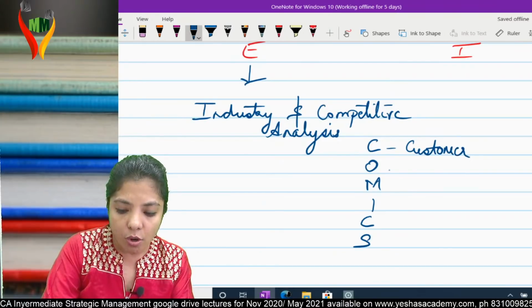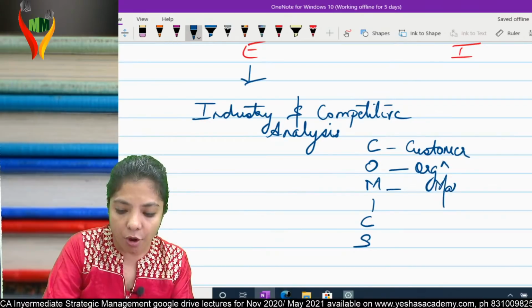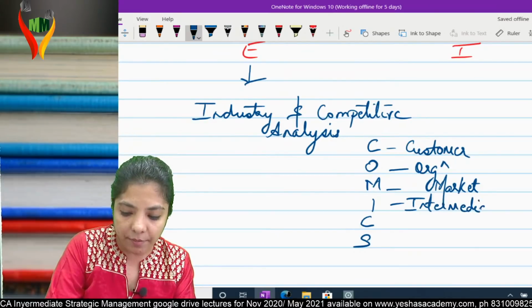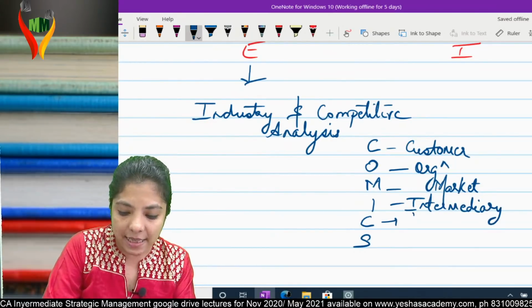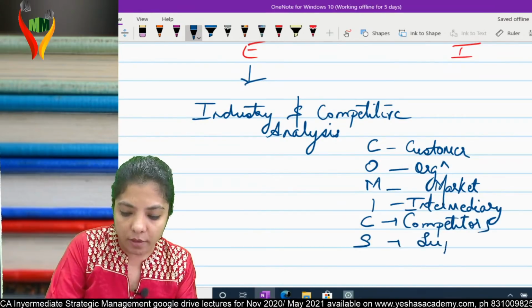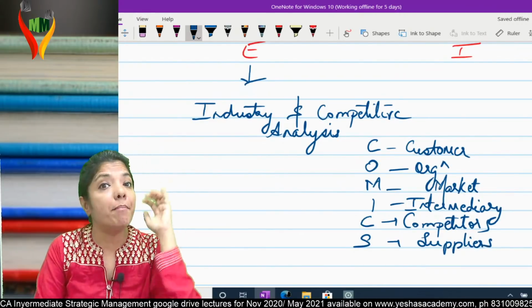Customer. O stands for organization, M stands for market, I stands for intermediary, next C stands for competitors, and last S stands for suppliers. These are my micro factors.